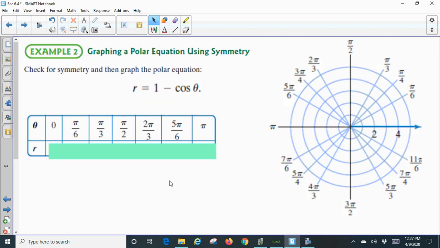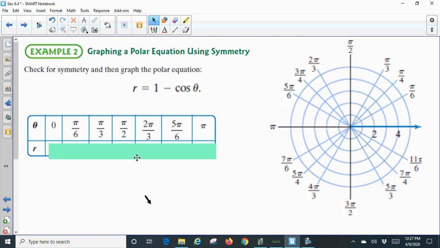All right, so I'm going to set up a table of values. I'm not going to take time to put in a unit circle and look up the cosine of each of our angles. I've set up our angles, 0, pi over 6, and so forth, all the way up to pi. We've seen that we begin to repeat after that point.